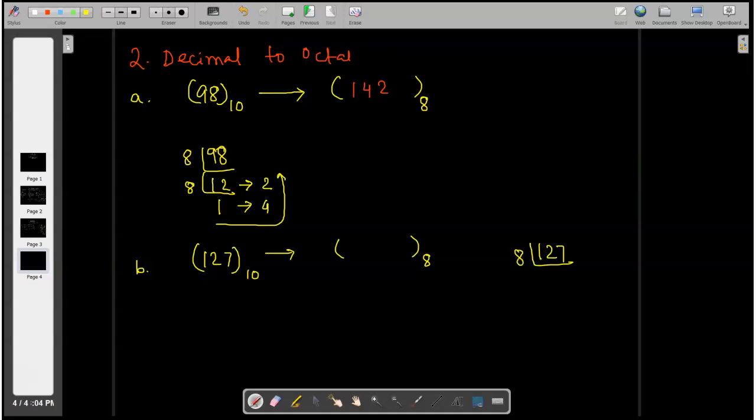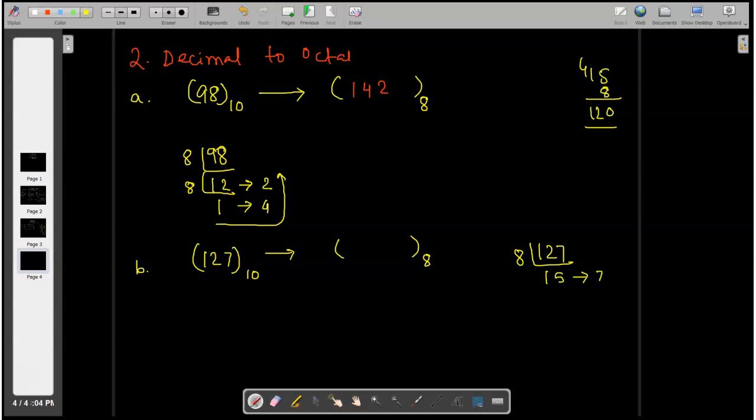So again, if you divide it, 8 15s are, if you calculate, I'll just show you the calculation, 15 into 8. If you know the table, still I'm showing it to you. 120, right? So if it is 120, the remainder will be 7.